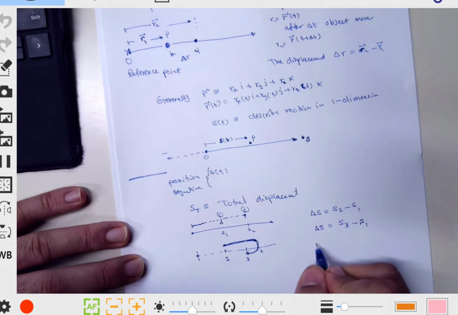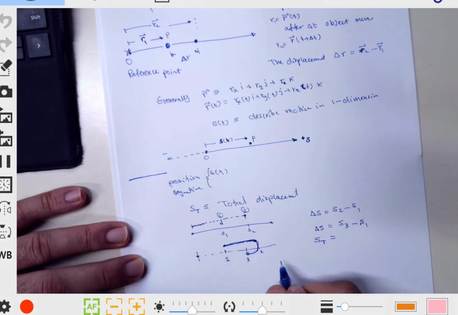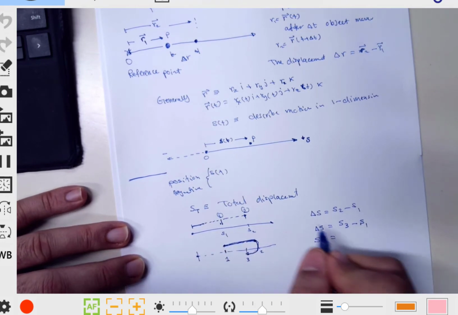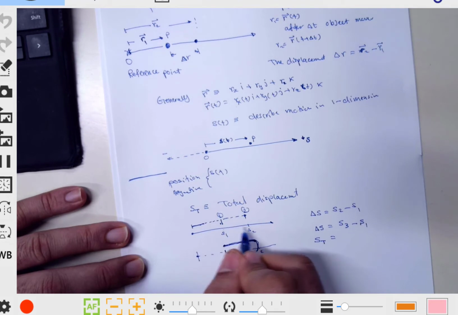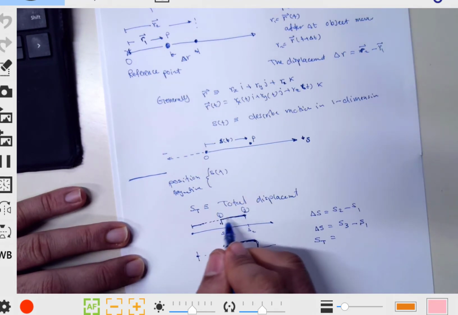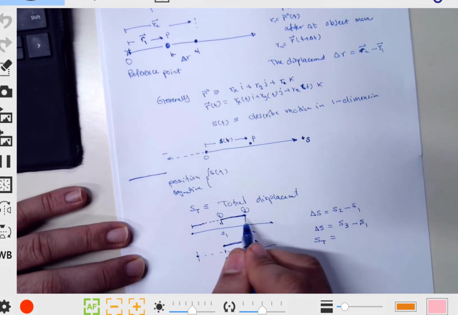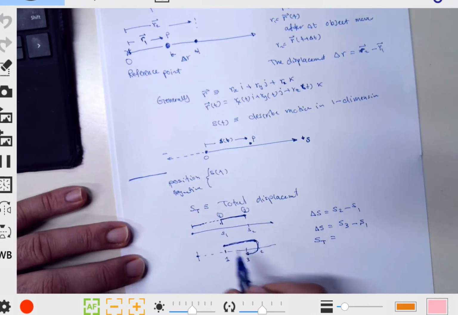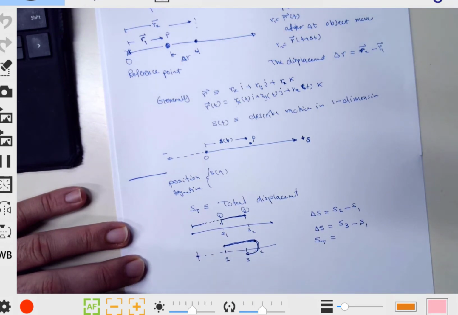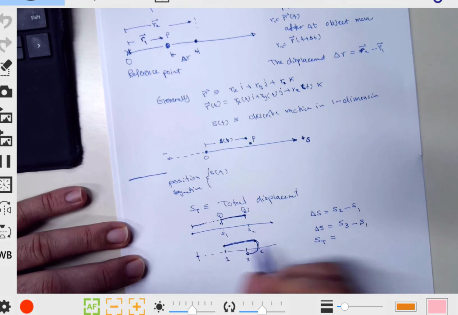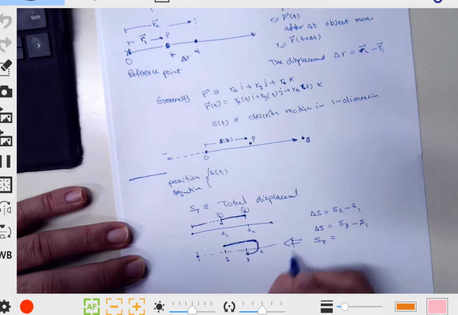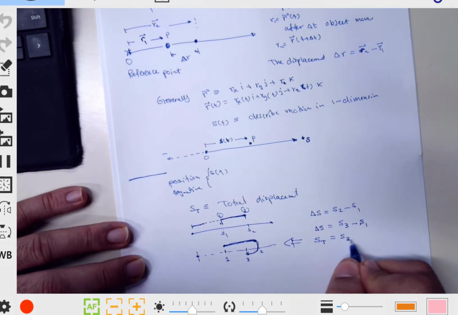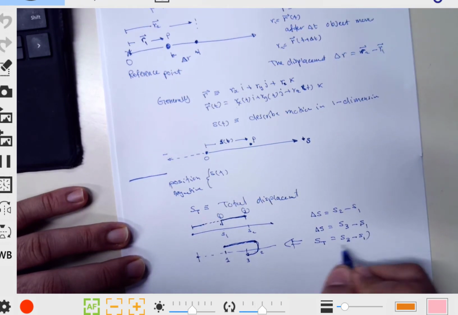But don't mistake this by saying, well, in the first case, the displacement is equal to the total distance traveled, because S2 and S1 are both in the same direction. The particle did not go back. But here, the total distance traveled by the particle, in this case, is S3 minus S1, right?